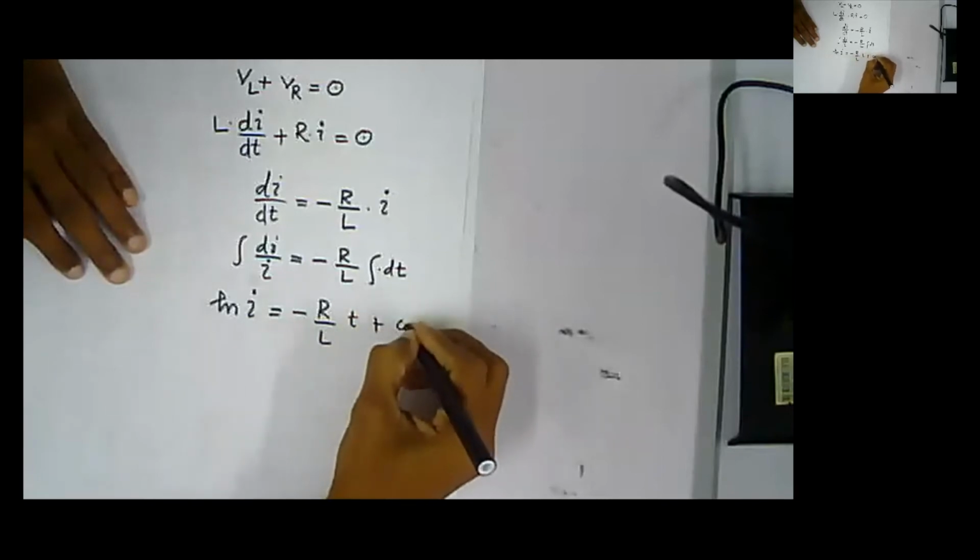Similar to the previous step, this becomes ln I equals minus R over L into t plus a constant. Let's take the initial condition: at t equals 0, I equals I naught.